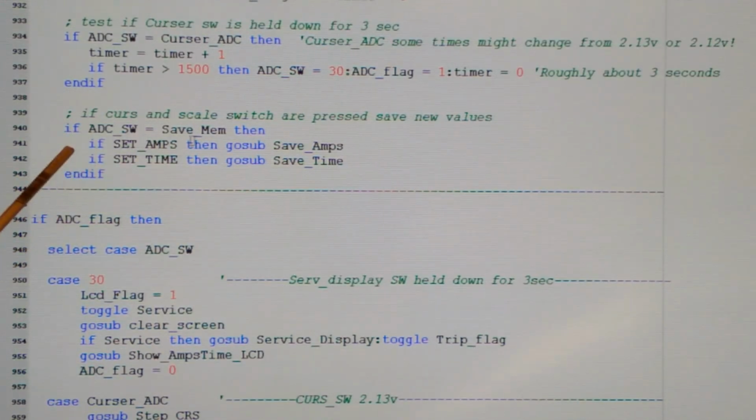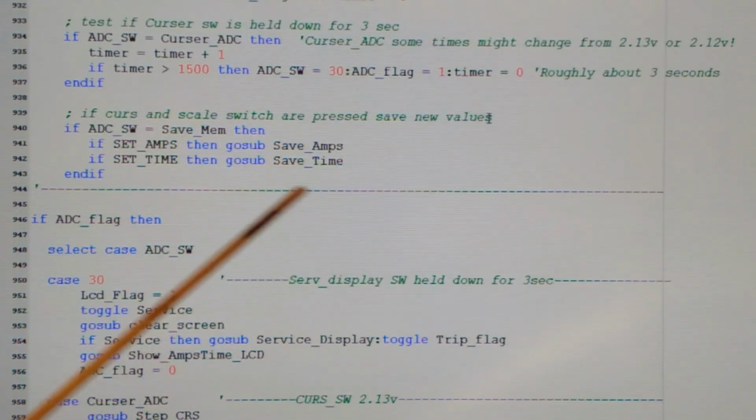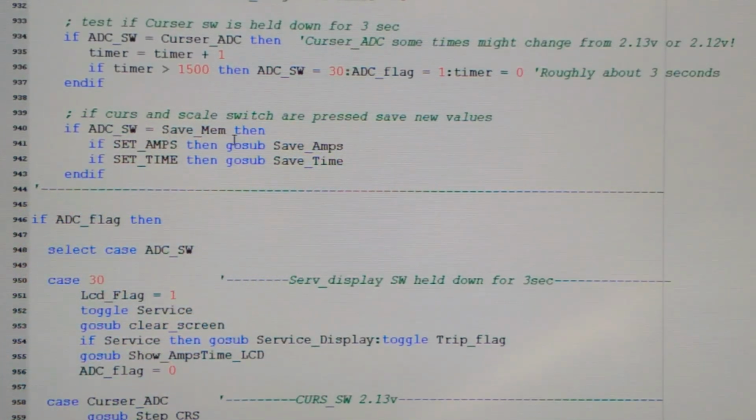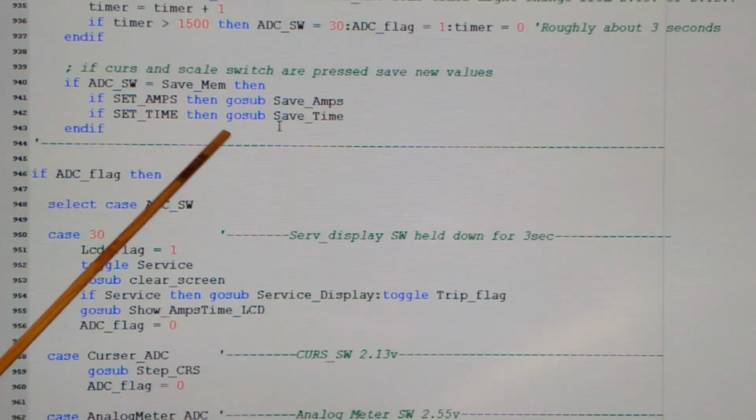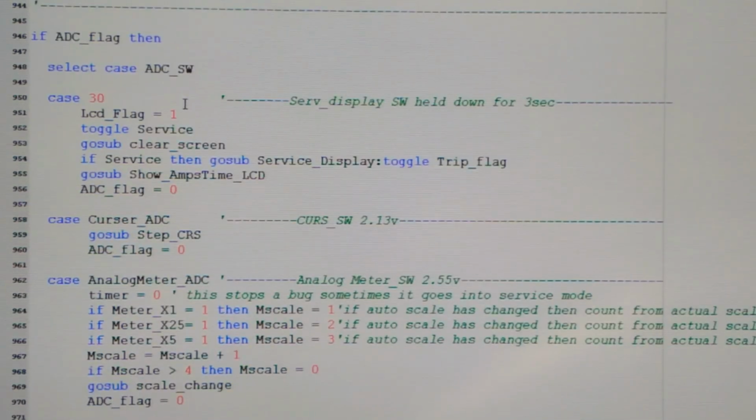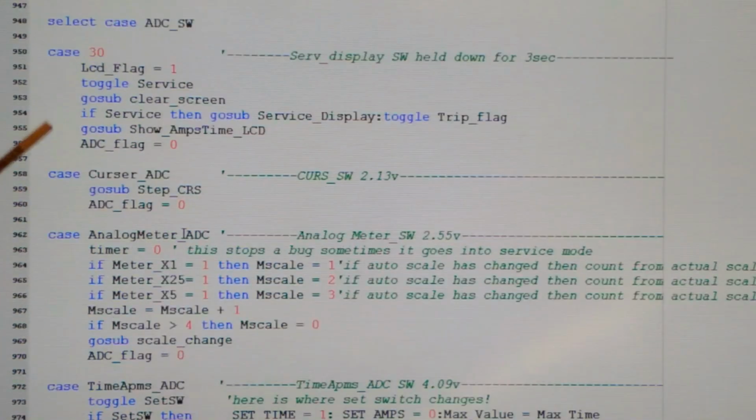Here I'm finding out if cursor and scale switch are pressed, and saving the new values. That's to see if you press 2 buttons together, the voltage will be different, and that's to go and save your different figures. And here I used a select case statement to work out which switch you have pressed.